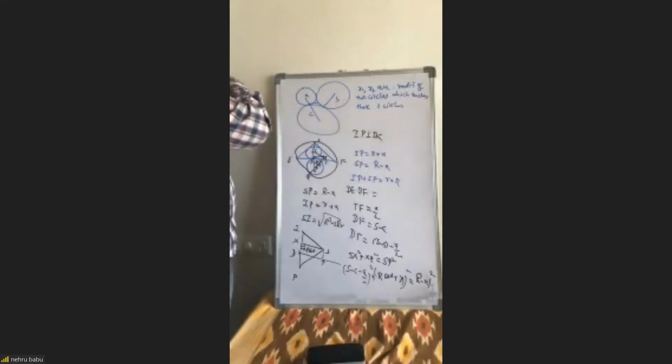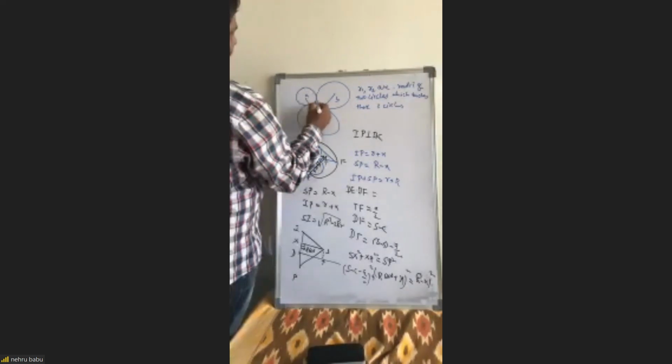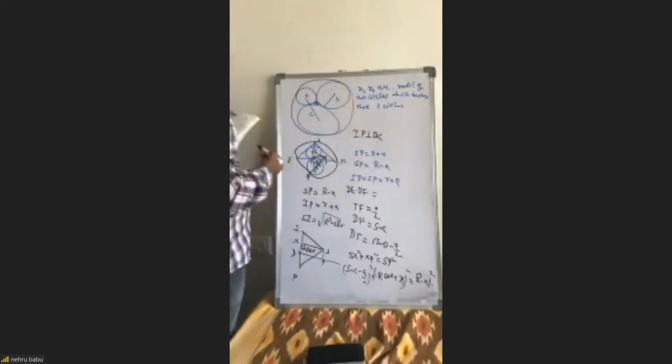Here two ways are possible: one is internally, R1, and the other is externally, R2.